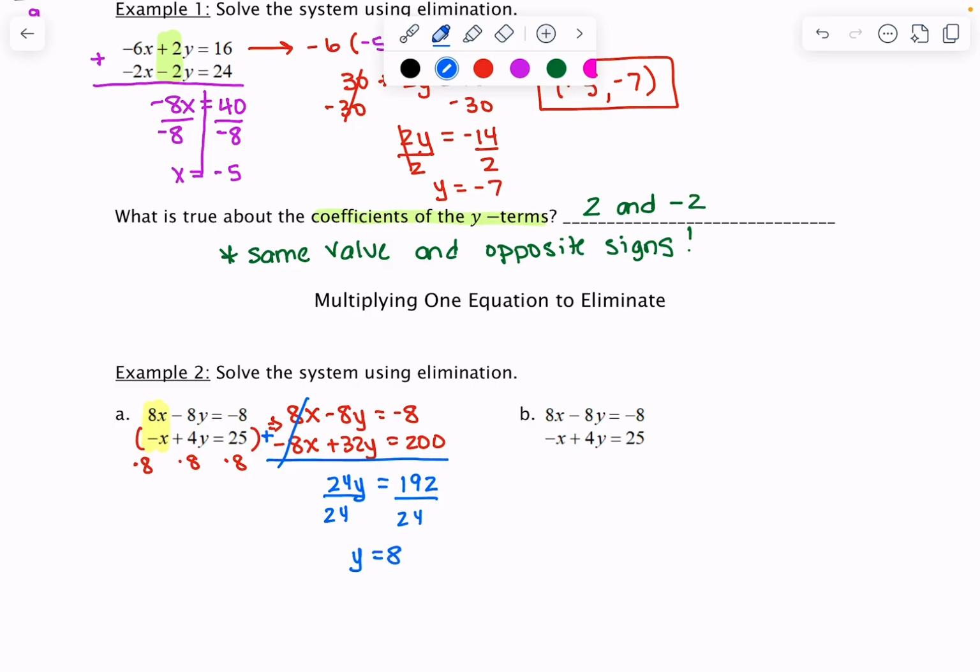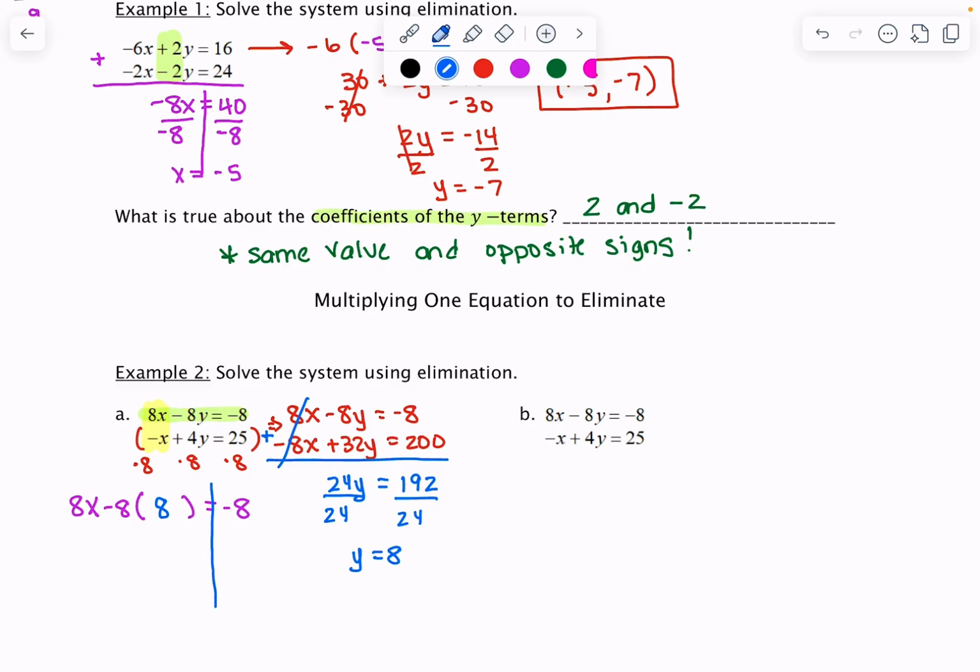Now I'm going to have to go back. I'm going to take this equation on the top, 8x minus 8y equals -8. But instead of y, I'm going to have y equal 8. Boy, that's a lot of 8s in one equation, isn't it?